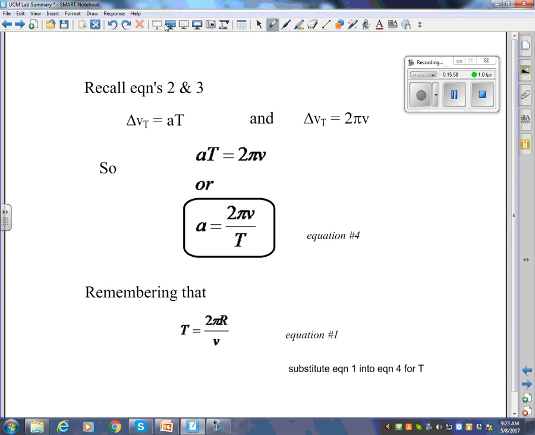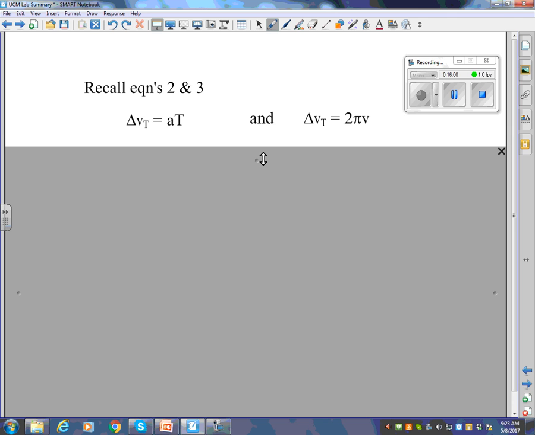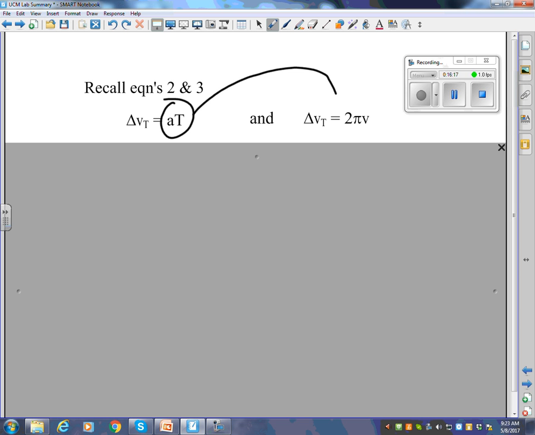Okay, so let's go back and do this. Recall equations 2 and 3. Delta VT is equal to AT, and delta VT is 2 pi V. Are both of those delta VTs the same? They are. In other words, I can make this equal to that, right?